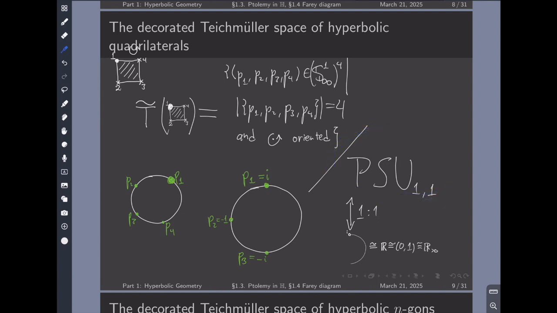But now the points here, instead of being just 4 ordered points at infinity, what I'm going to do is decorate with horocycles based at those points.